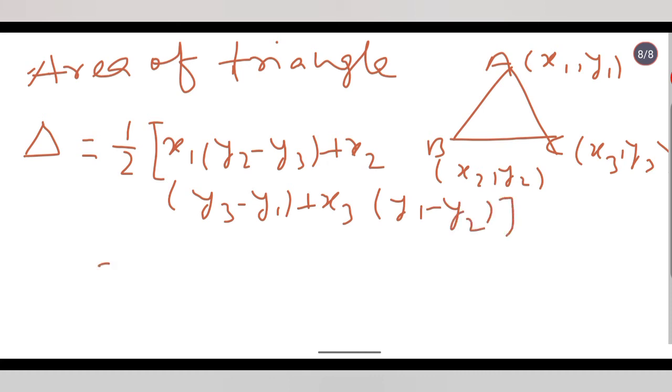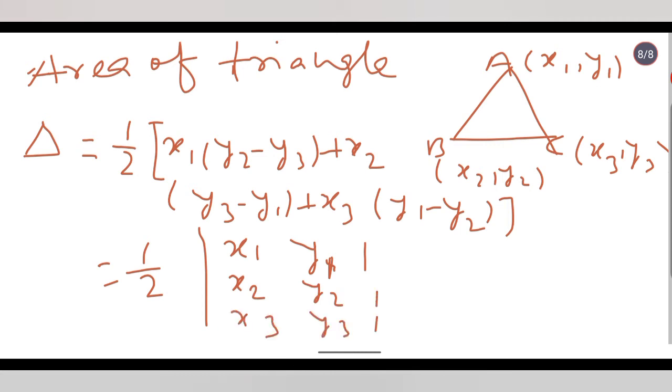In determinant form, we can write it as 1 by 2 determinant of rows (x1, y1, 1), (x2, y2, 1), (x3, y3, 1). So if we expand this, we also get this one. Okay.